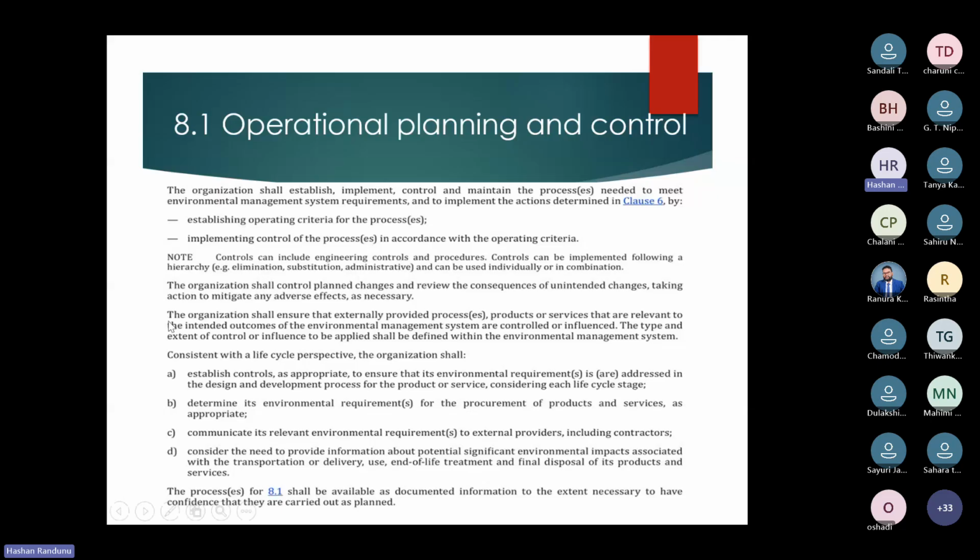If we go to the operational planning and control requirements of this standard, the organization shall establish, implement, control, and maintain the processes needed to meet environmental management system requirements and implement actions determined in clause number 6. We have determined certain actions in clause number 6 to address significant environmental aspects, compliance obligations, and other risks and opportunities.